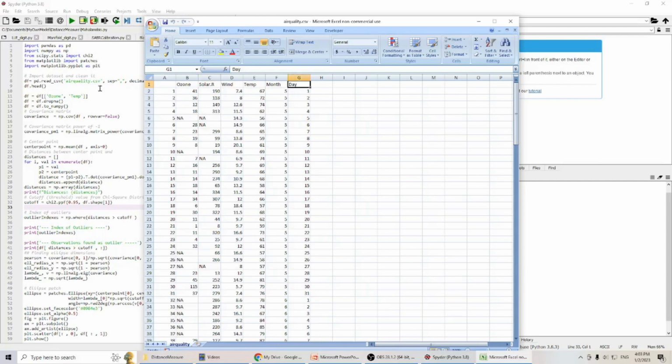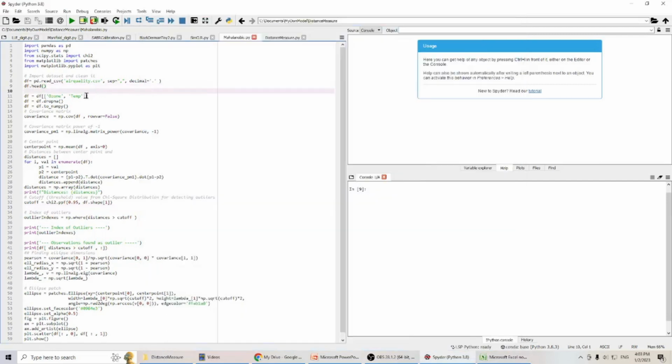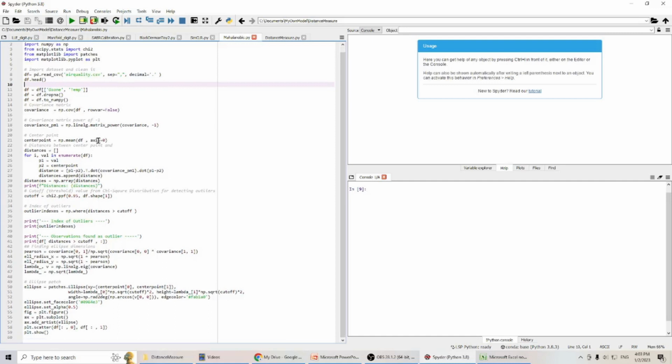But for this example, I only use ozone and temp. I will do some cleanup first, and then I will calculate covariance, and then I will calculate the distance. In order to detect outliers, I've used cutoff as 95%. So the threshold is 95%.